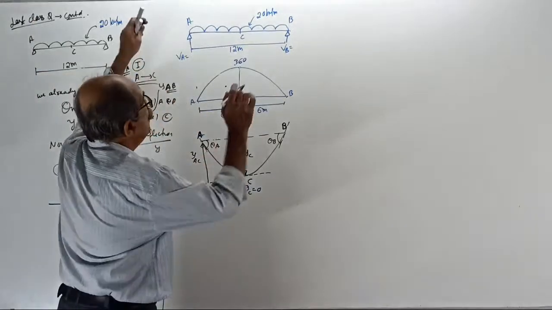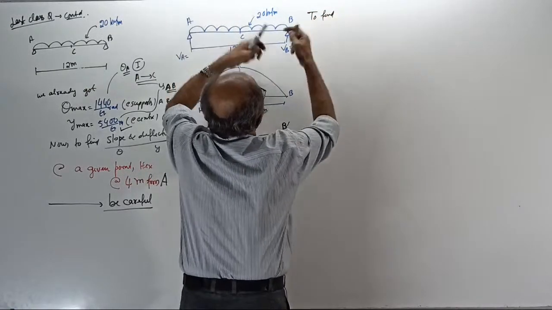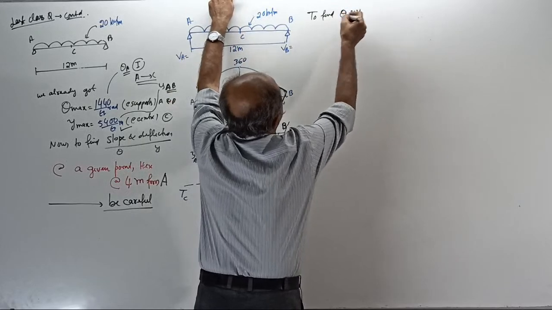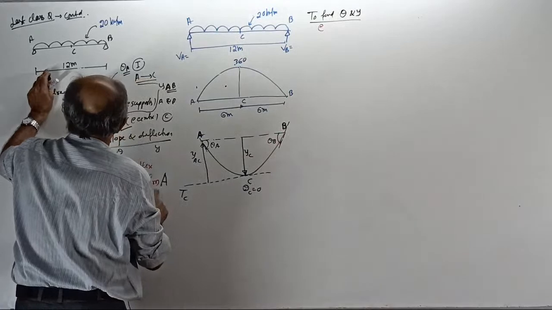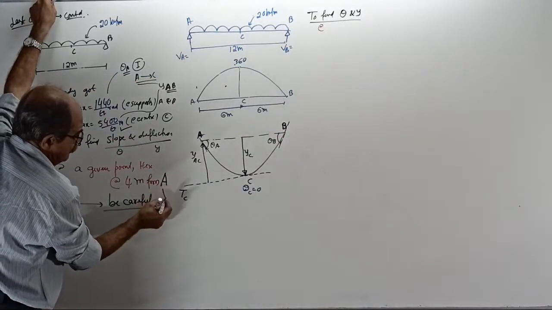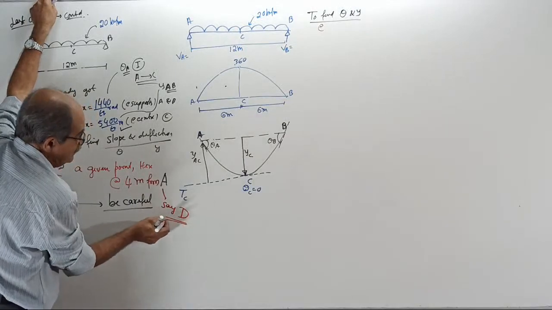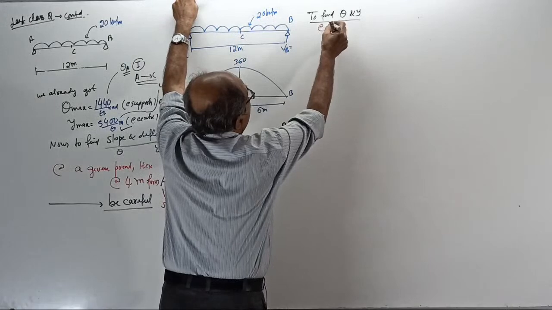Now, very important to find theta and y at that random point, say 4 meters from A. I will call the point D. D means where?